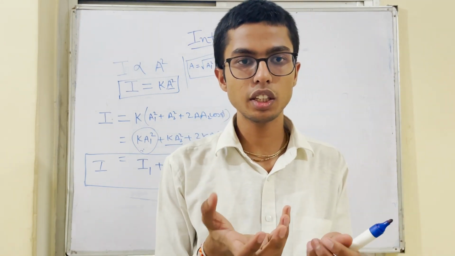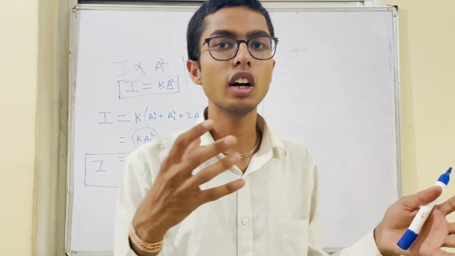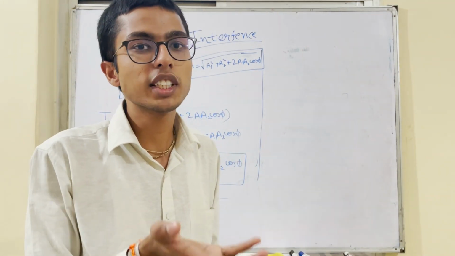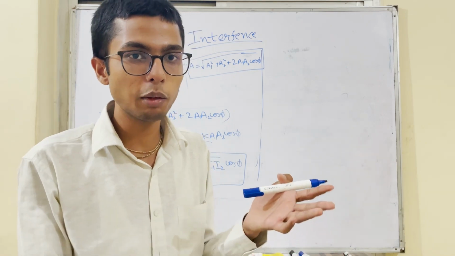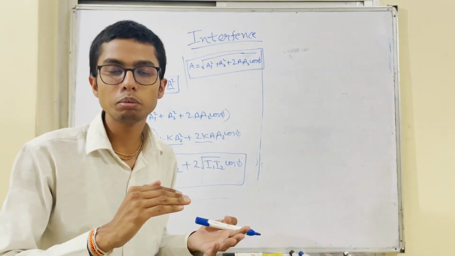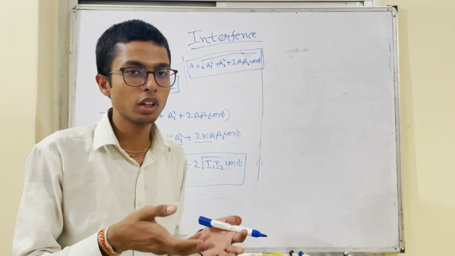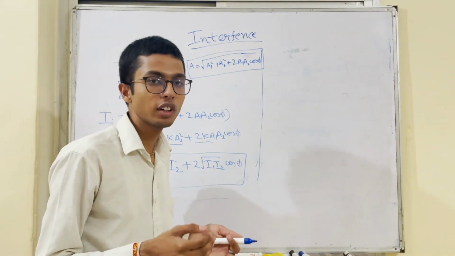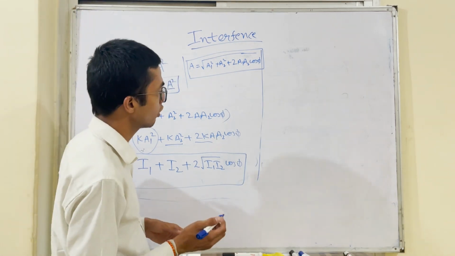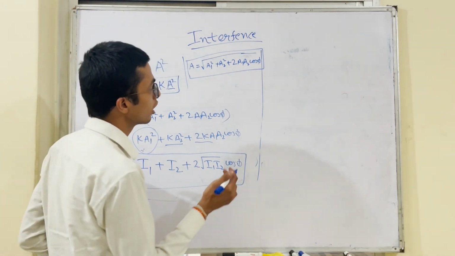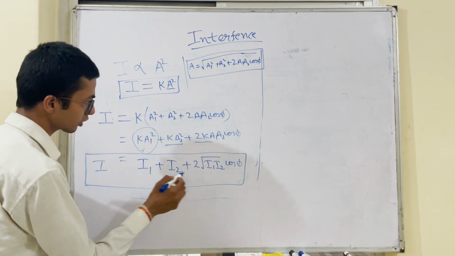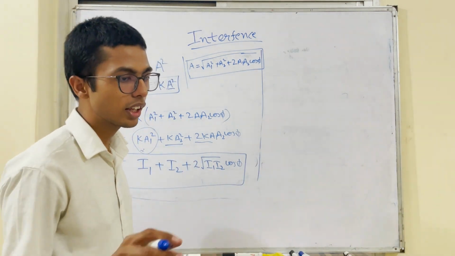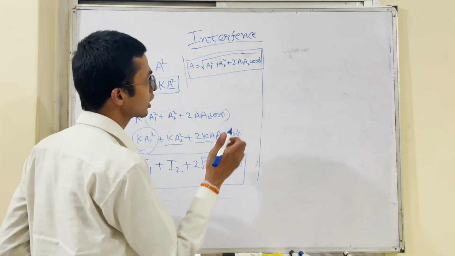After interfering, the resultant intensity can take a maximum value or a minimum value, right? So it will take a value between minimum and maximum. We are going to find what the minimum value and the maximum value are. When the value is maximum, that situation is called constructive interference.